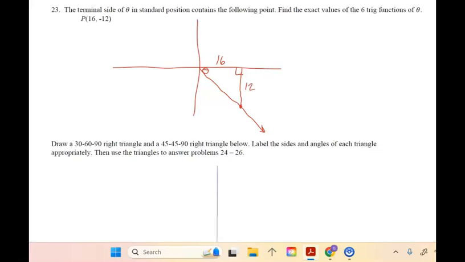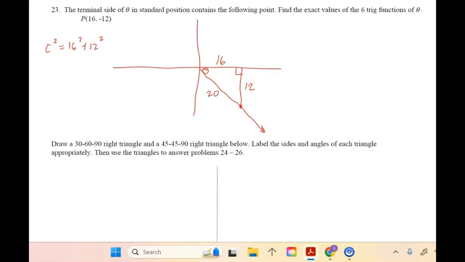This has to be 12. I'm going to find the hypotenuse. So hypotenuse squared is leg squared plus leg squared. So let's see, the square root of 16 squared plus 12 squared. And that is 20.